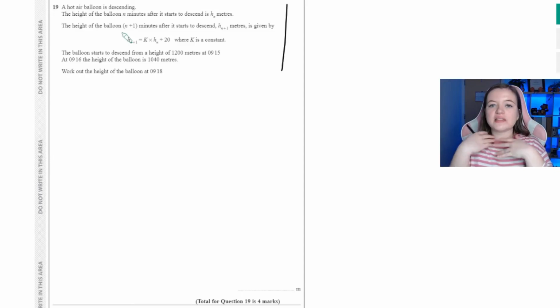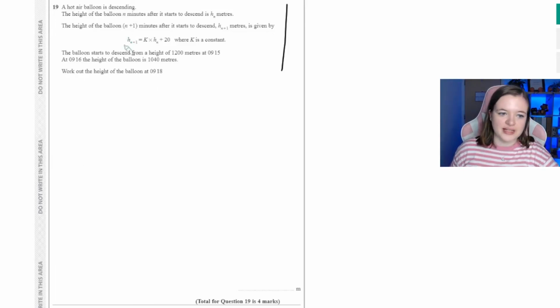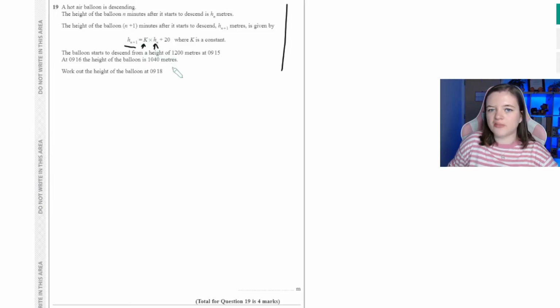Maybe 80% of the height it was before, 70%, maybe 98%, but it's going to be some percentage of the height it was before, right? Some low percentage. So that's what this is telling us. So the new height is some fraction, some percentage of the old height plus 20, just because they've thrown a plus 20 in there just for good measure, right? So that's what this is essentially saying.